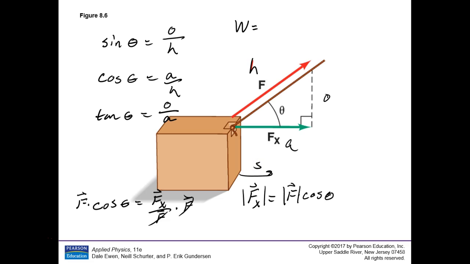It's not F times S because F and S are not in the same direction. It's F sub x times S. And these, again, are magnitudes, not vectors. The displacement is a vector, and that's just the magnitudes.